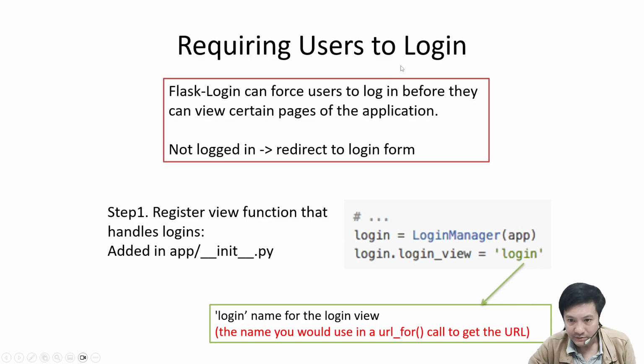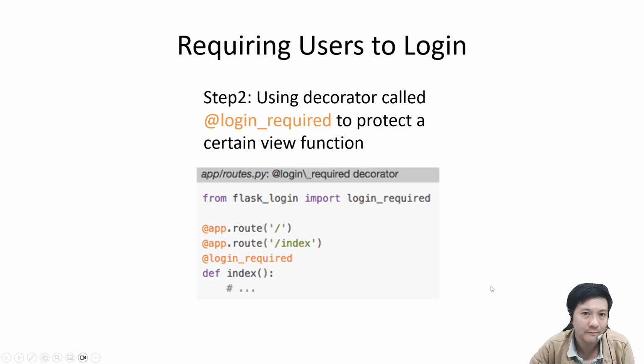To require the user to log in, you need to tell the login manager, set up the login manager in the system. Otherwise, if the user hasn't logged in, the system doesn't know which page to redirect the user to. So you just configure it here so that it knows the login URL.